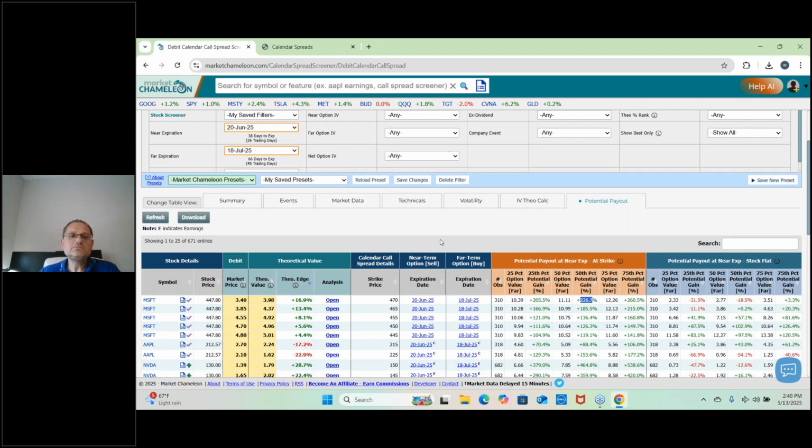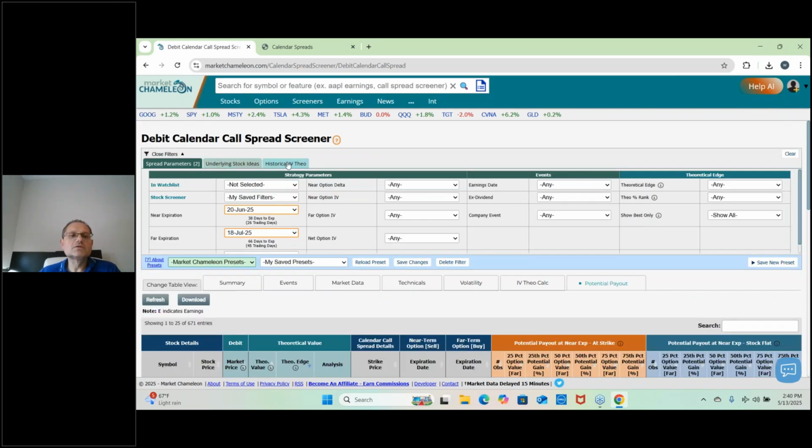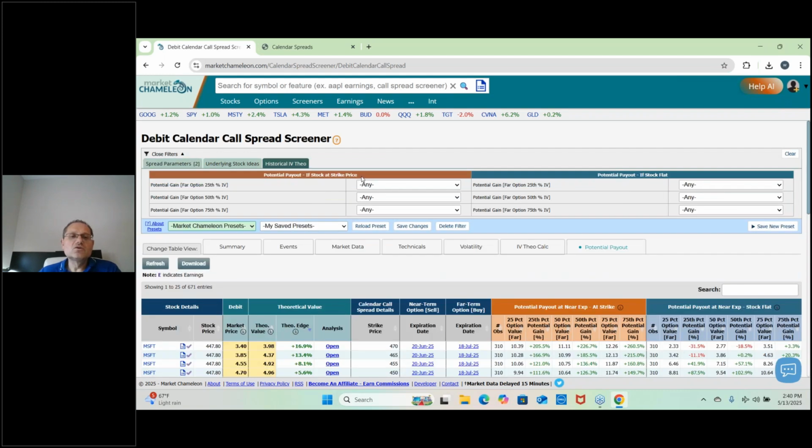Let's say we come up here and ask what type of potential payout I'm looking for if the stock does go to my strike. Let's say it does go to my strike, but the implied volatility drops to the 25th percentile rank. So the stock floats in my favor, but the implied volatility not necessarily. What will happen if it's in the 25th percentile?